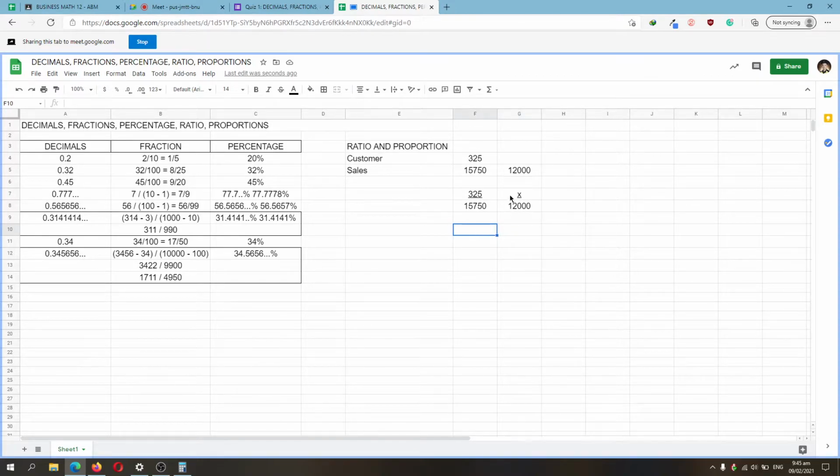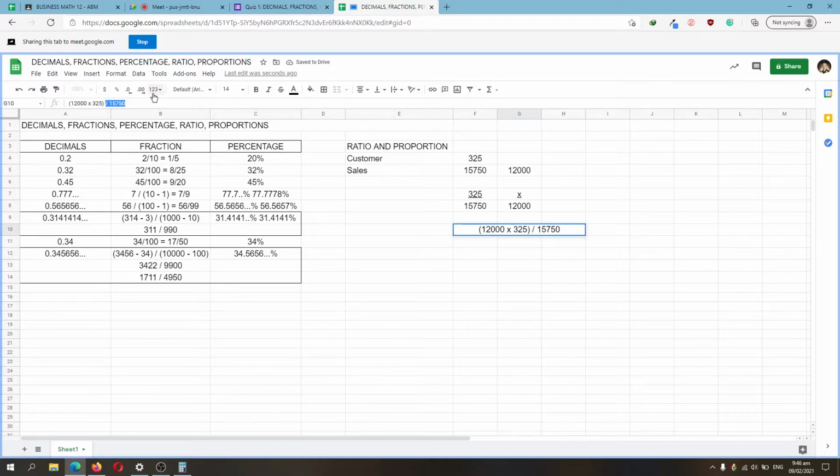So para mapabilis, so that is ang X ay equivalent to 12,000 multiplied by 325, tapos i-divide natin ng 15,750. Ayan. Ganyan yung solution natin.